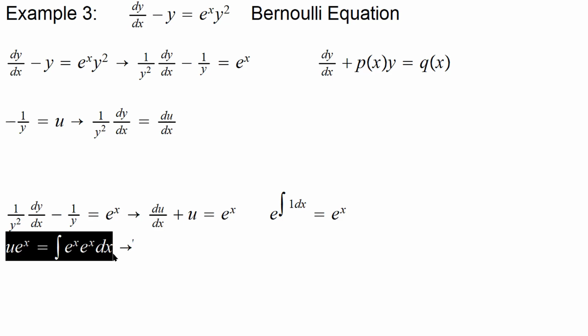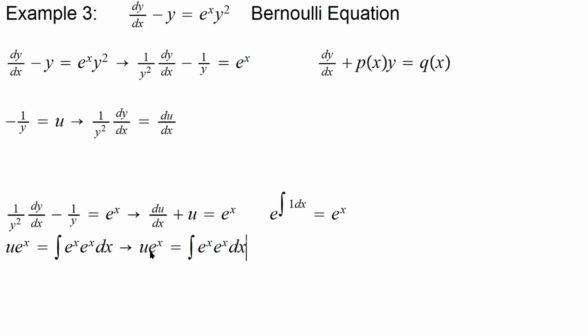So what we have is e to the 2x dx, and if you make a substitution, the antiderivative would simply be 1/2 e to the 2x, and then plus a constant, right?